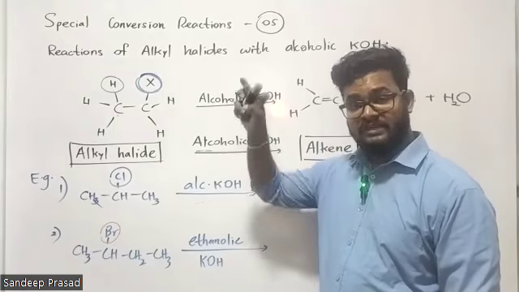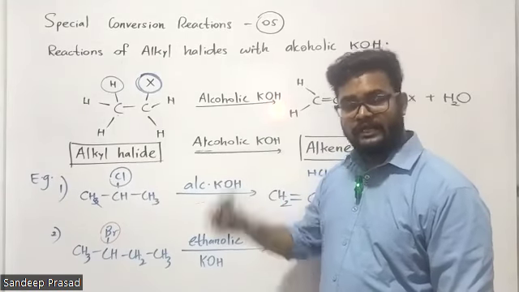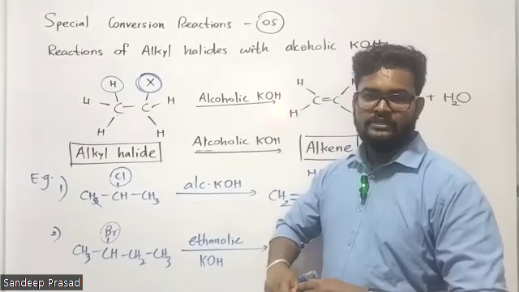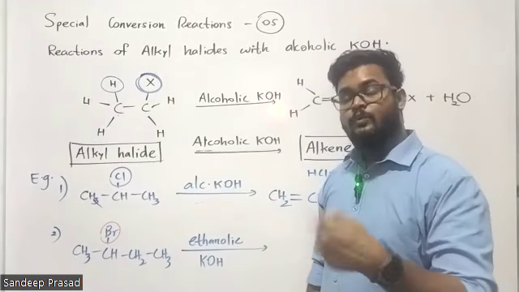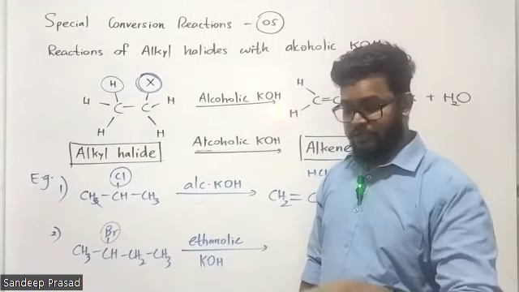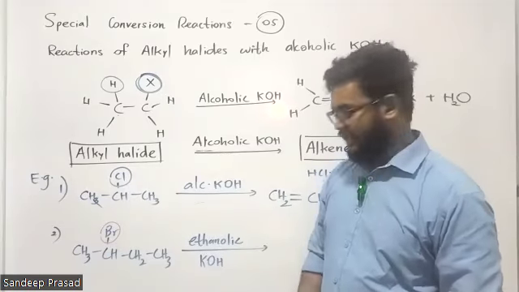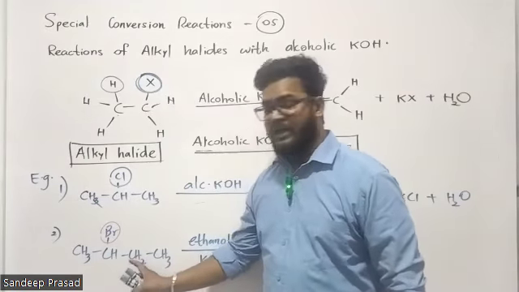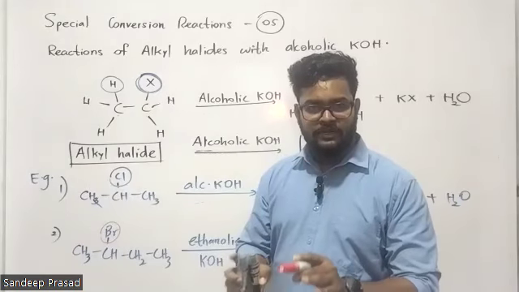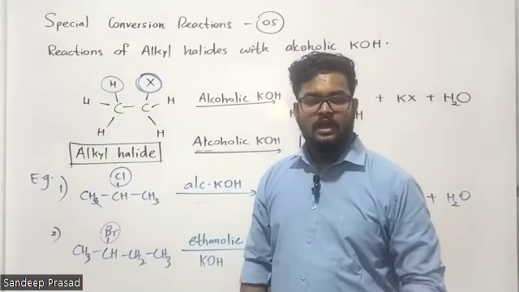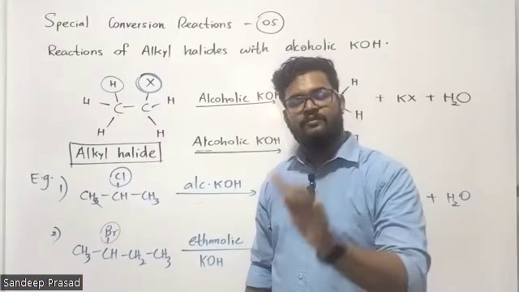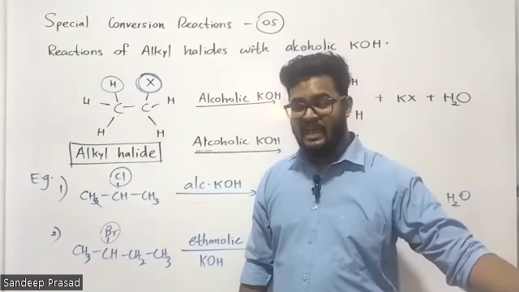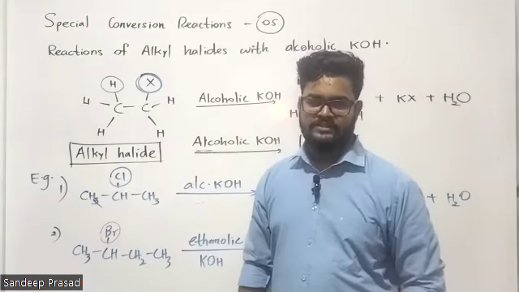For that we learn the Zaitsev rule. Under the Zaitsev rule, I told you that the poor gets poorer, right? That means always when hydrogen is eliminating from a neighboring carbon atom, it should be eliminated from a carbon atom which has fewer hydrogens.